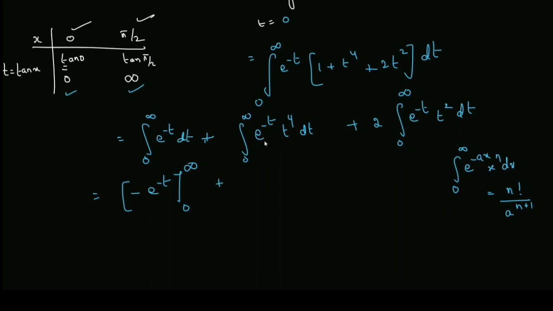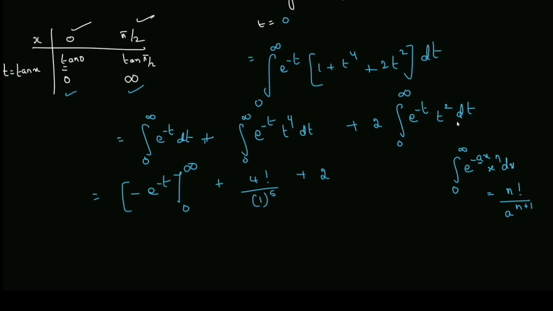So n factorial is 4 factorial by a, where a is the coefficient of minus t, that is 1. So 1 power n plus 1, n is 4, so 4 plus 1, 5. Plus 2 into, again you can use the gamma integral.